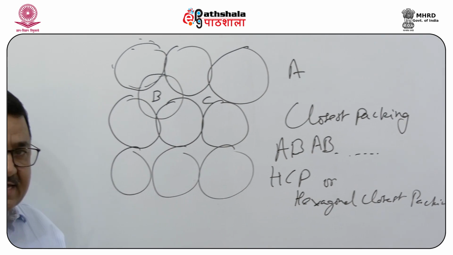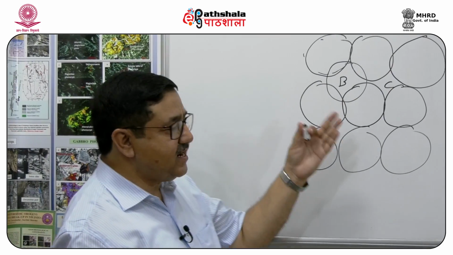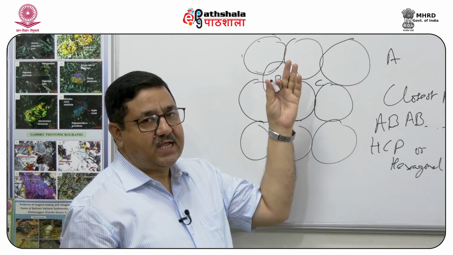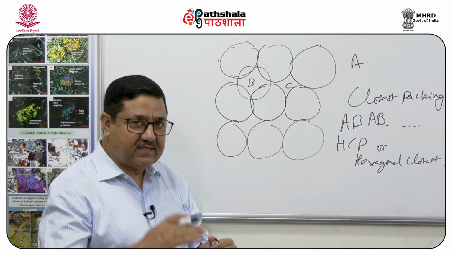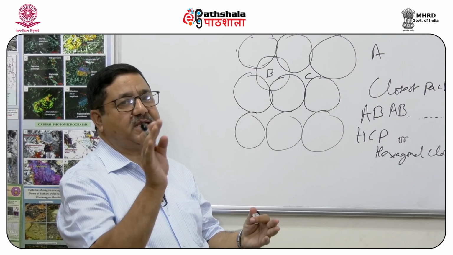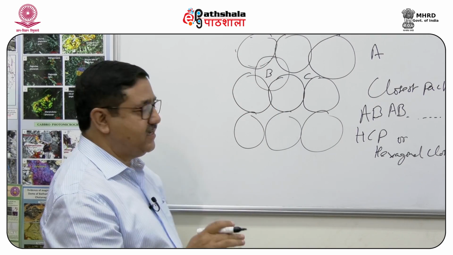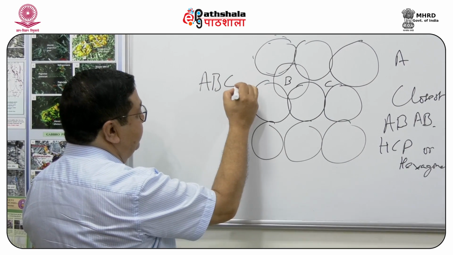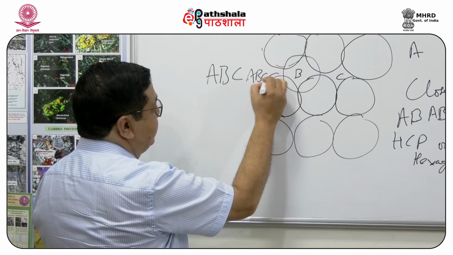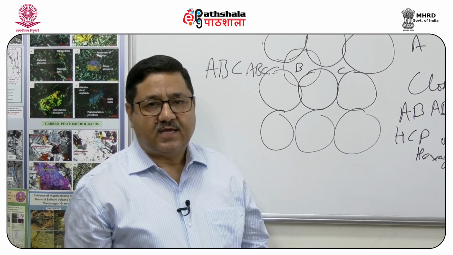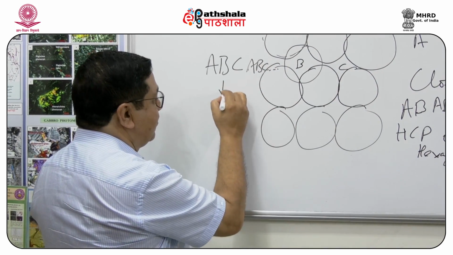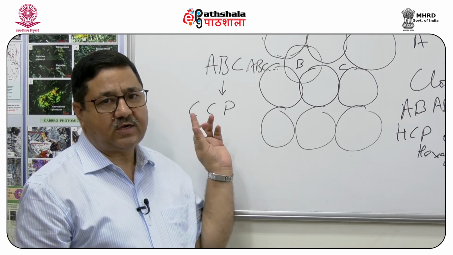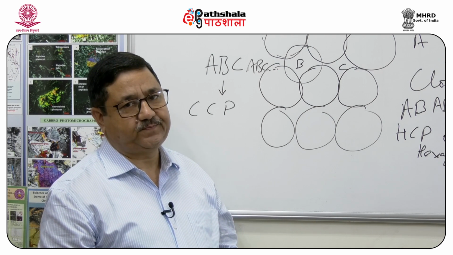In the second instance, the third layer is placed over the dimple C, and after the third layer, the fourth layer is again repeated over layer A. So, that arrangement assumes a repeat of ABC, ABC, etc. And this kind of closest packing is called CCP or cubic close packing.